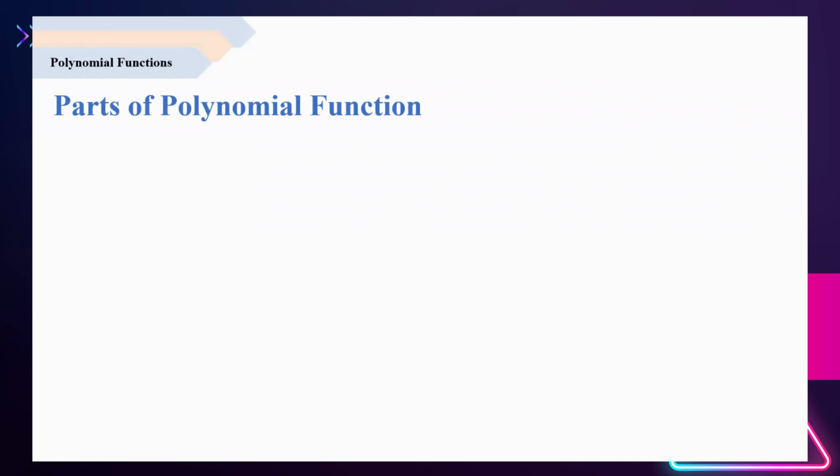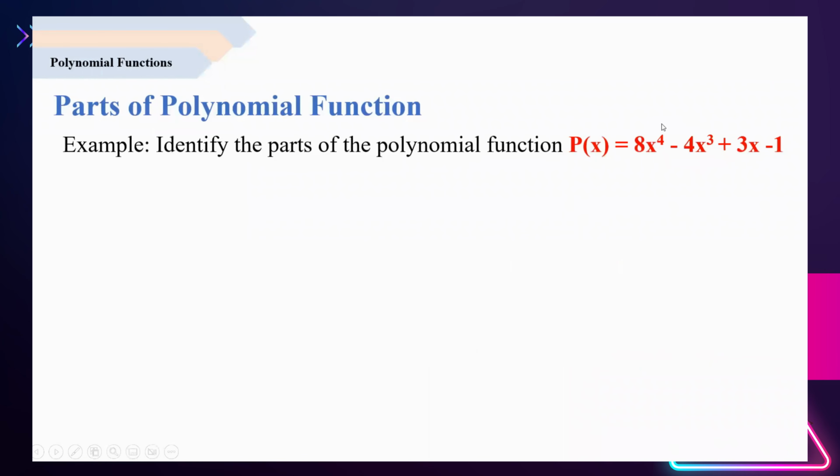Now, let us identify the different parts of polynomial function. Example. Identify the parts of the polynomial function. P of x is equal to 8x raised to the 4th power minus 4x cubed plus 3x minus 1. So, napaka-importante na kailangan natin ma-check ang ating given kapag ang polynomial function ay nasa standard form na.